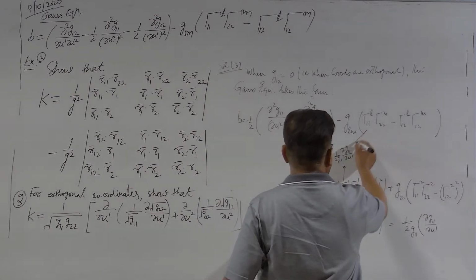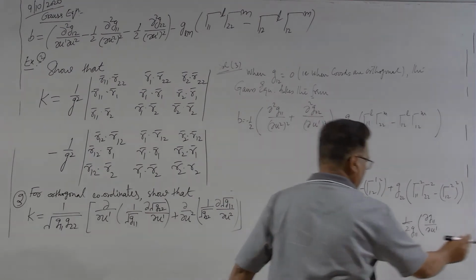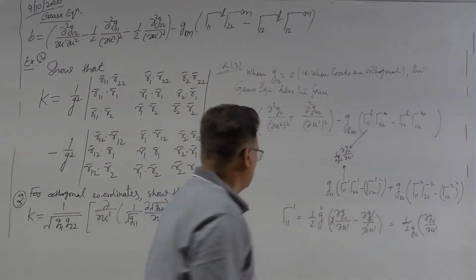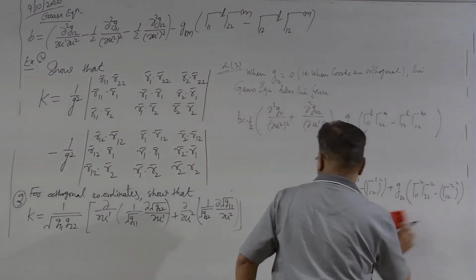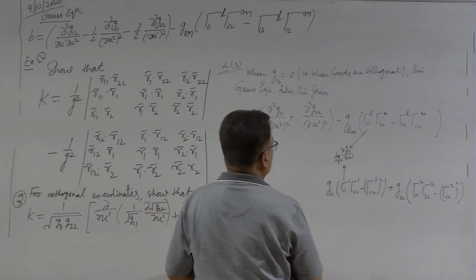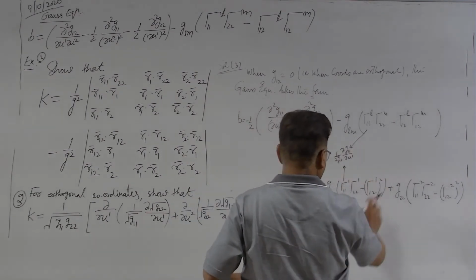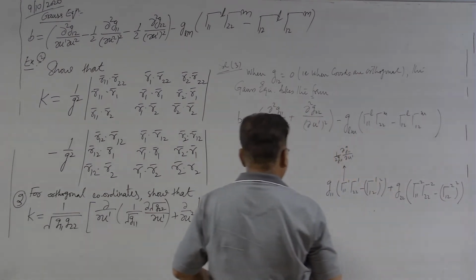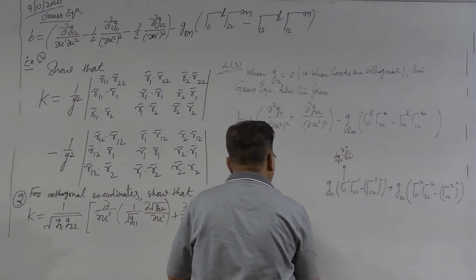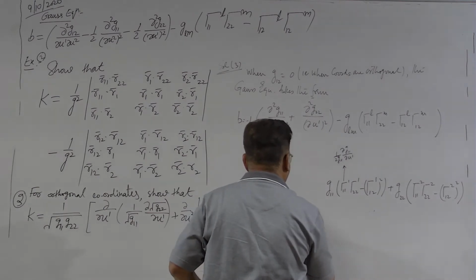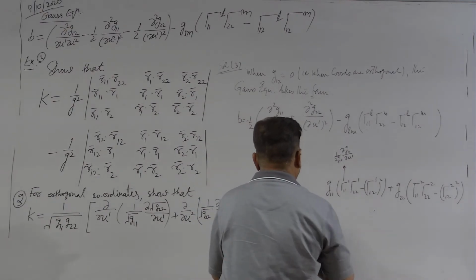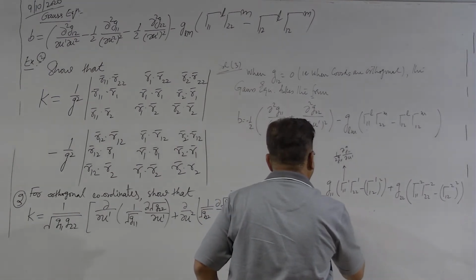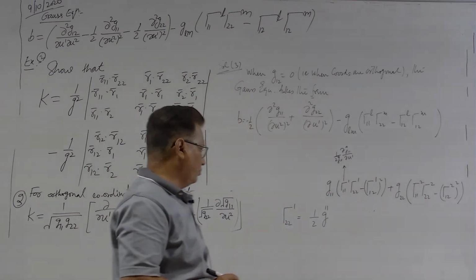Okay, this is fine. Next you can compute this one, Γ^1_22. Now you make i and j both 2. So this will become half G, once again 1 1, since 1 2 is not possible.